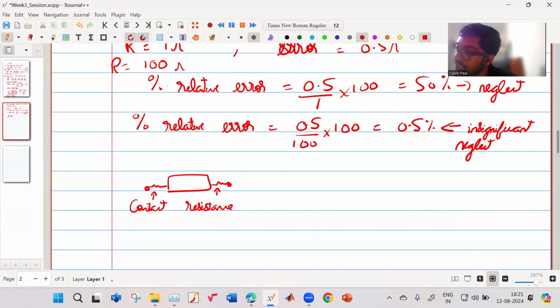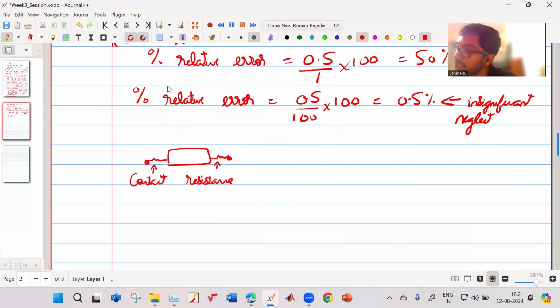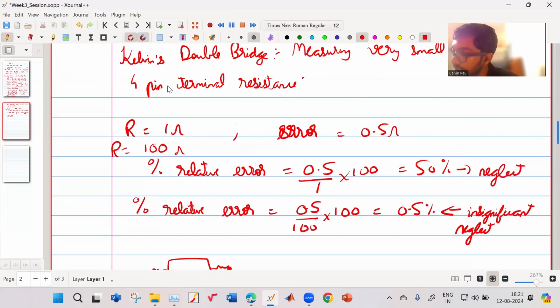These contact resistances are there in the bridge, and the error generated by them is not negligible. It is significant. So to overcome this, Kelvin's double bridge is used to neglect that error.